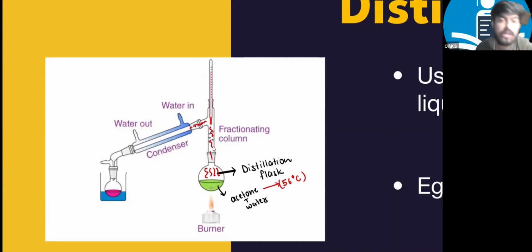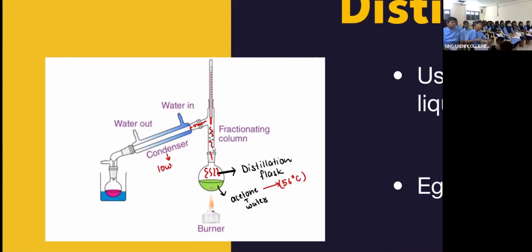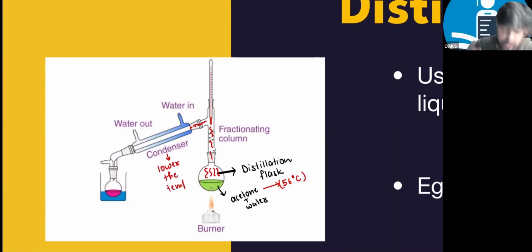Now see, this is the condenser. Now the work of the condenser is what? To lower the temperature. Now let's suppose this particular condenser lowered the temperature to around 50 degrees Celsius. So what is going to happen?